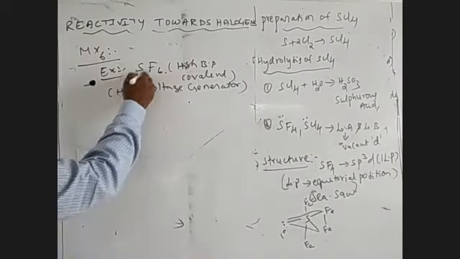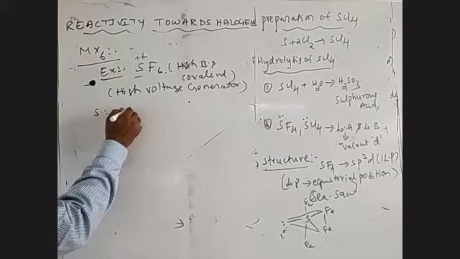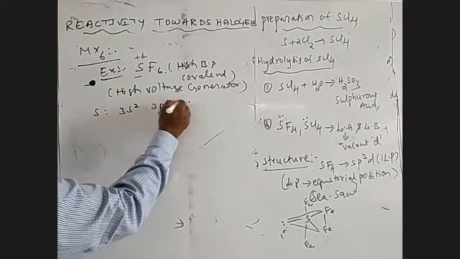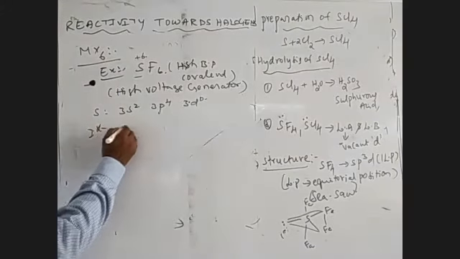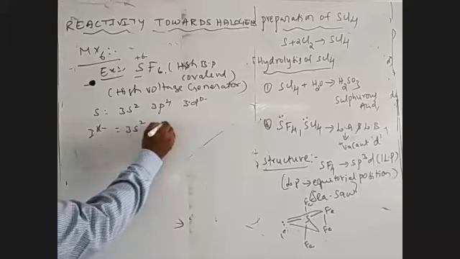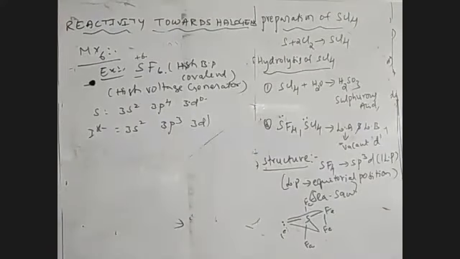In SF6, the oxidation state of sulfur is +6. The electronic configuration in the ground state is 3s2, 3p4 and 3d0. In the first excited state, the configuration is 3s2, 3p3 and 3d1, as an electron from the p sublevel is transferred into d.